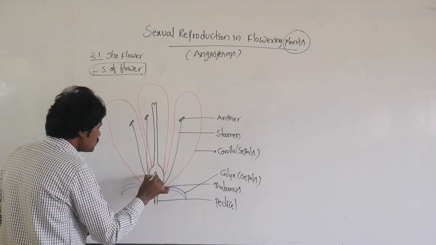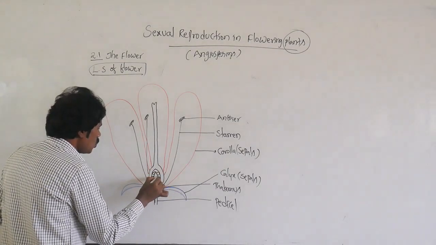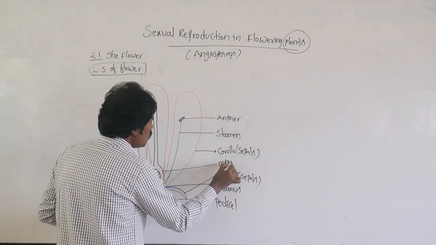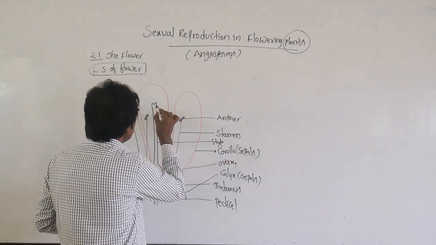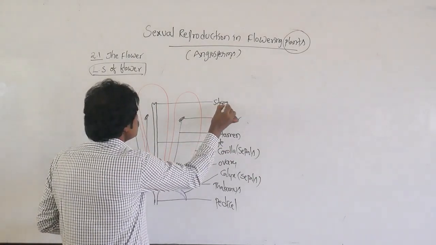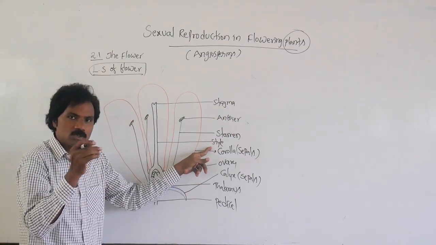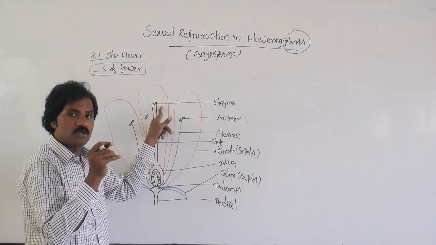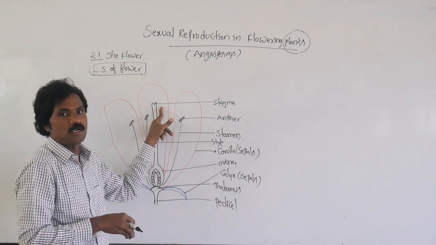In the carpels, this is the ovary, this is the style, and this is the stigma. The stigma plays an important role in receiving the male gametes at the time of pollination.